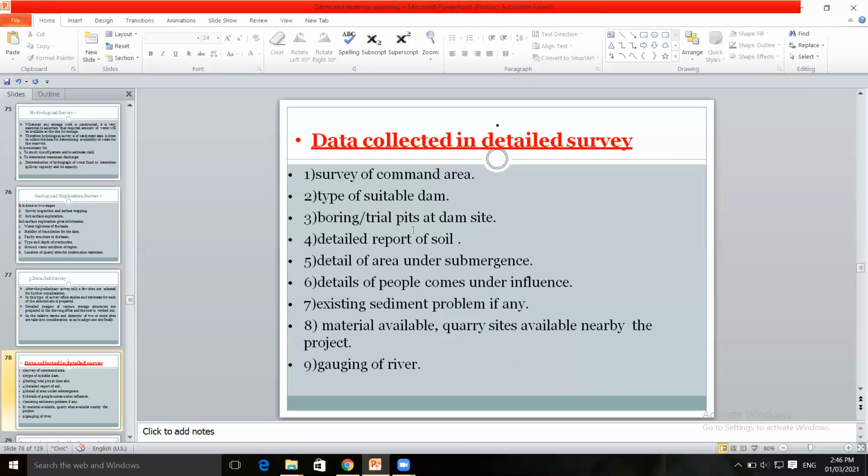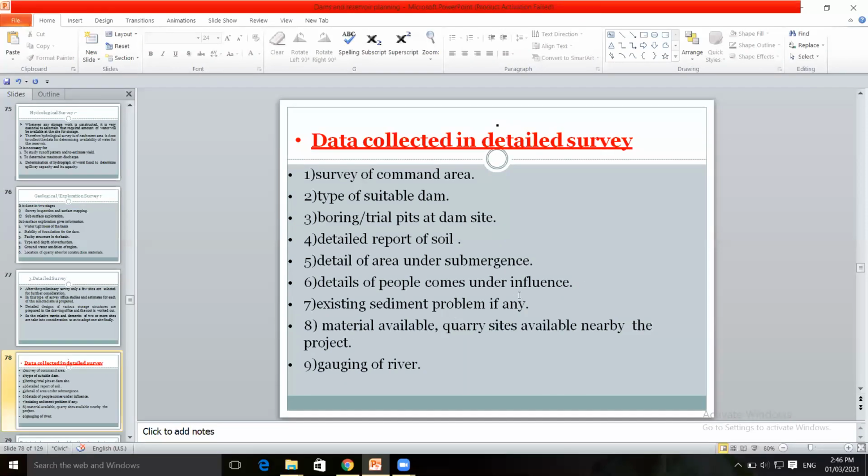This type of boring is carried out at the dam site. A detailed report is prepared. Detailed drawings are made using AutoCAD and different software, and estimation is done by estimating software. Analysis and design of the structures is done using various types of design software.